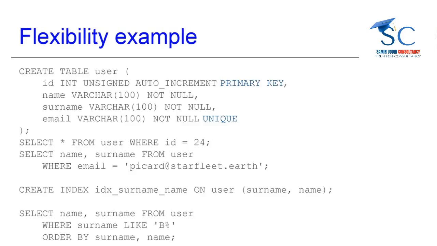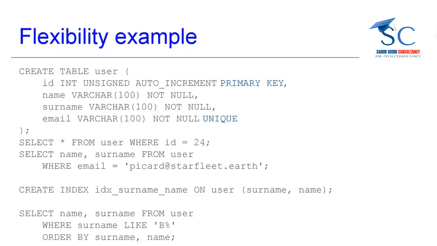Okay, well, here I made an example of this kind of flexibility. Basically, here we have a user table. We have a couple of queries to extract data, first by ID. Probably initially we only thought about extracting data by ID, which is the primary key, and obviously the first query is fast.